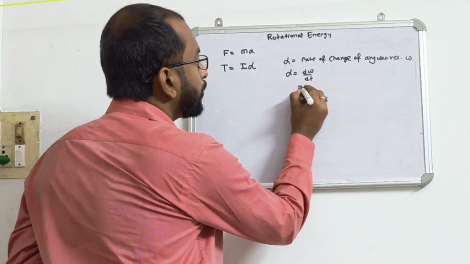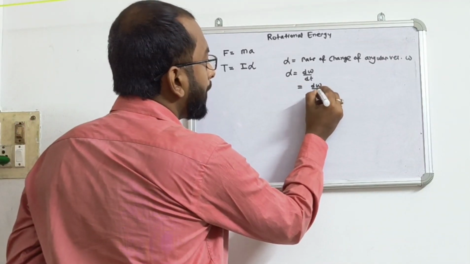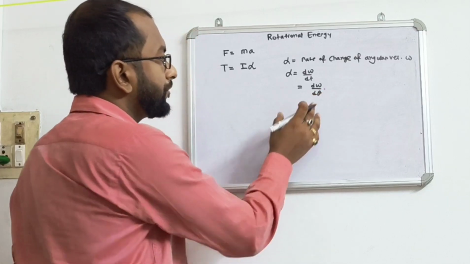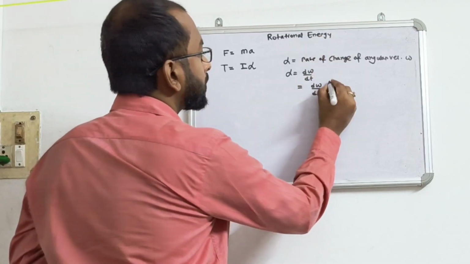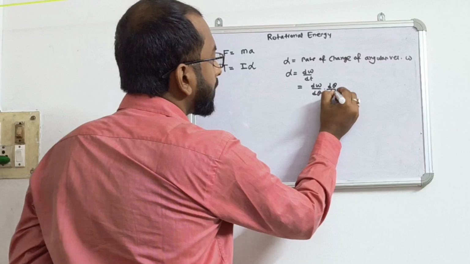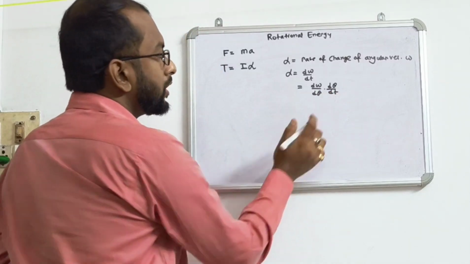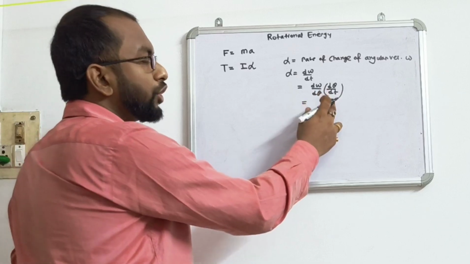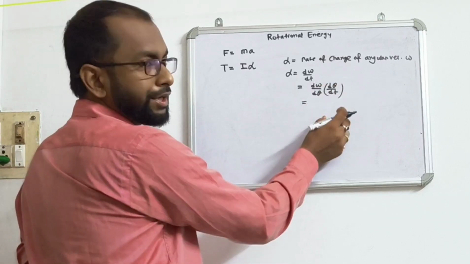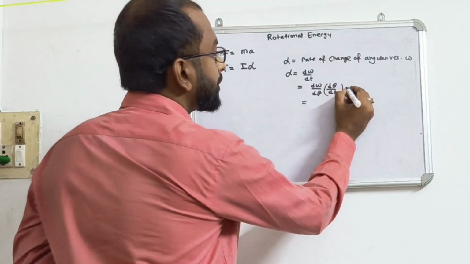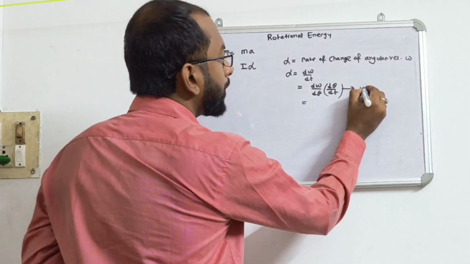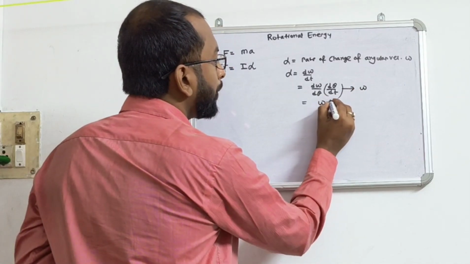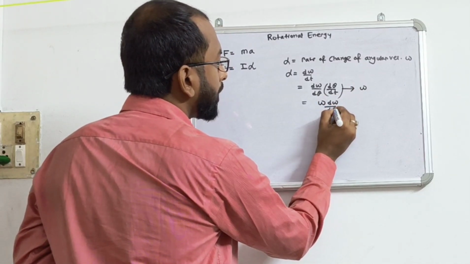So we can write d omega also like this, d omega by d theta, multiplication of d theta both in the numerator and the denominator, d theta by dt we can write. See, this term is a rate of change of angular displacement, d theta by dt. So we can call it omega. So see, it is becoming omega d omega by d theta, that is alpha.